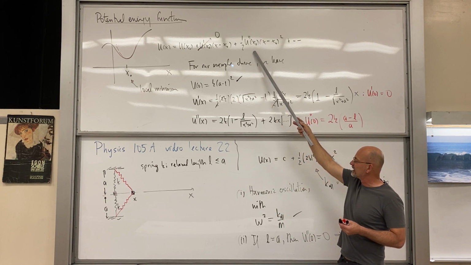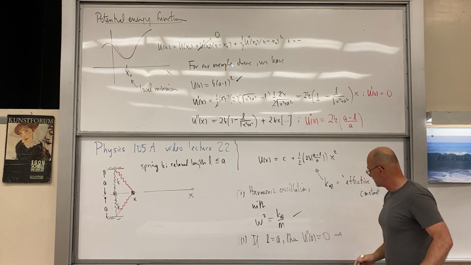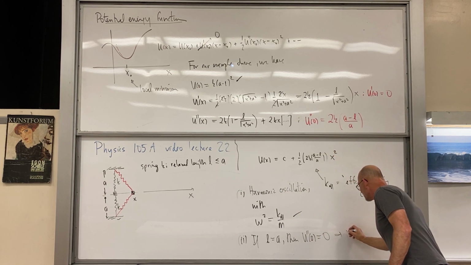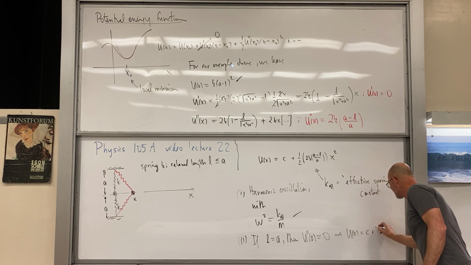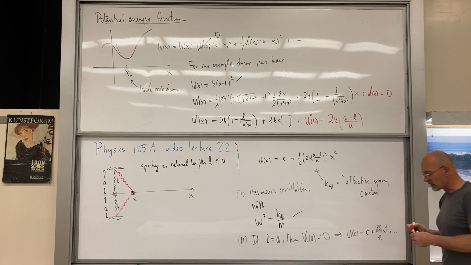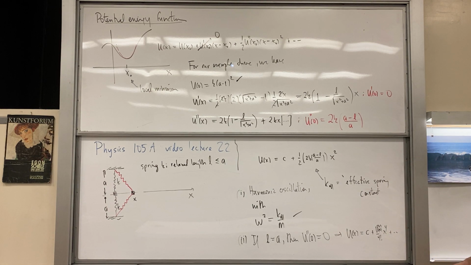You can be sure of that. And then you're going to end up with U of x equals c plus u to the fourth derivative of 0 over 4 factorial, x to the fourth, plus and so on. It's an important comment, even though it's right here in the lower corner of the board.